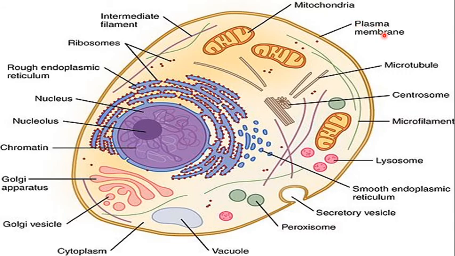This is the plasma membrane, which I explained. And these are the ribosomes. These ribosomes are present on the rough endoplasmic reticulum, that's why it looks like this. It differs from the smooth one because of the presence of ribosomes. These ribosomes actually produce the proteins.